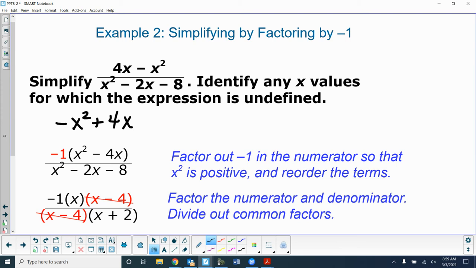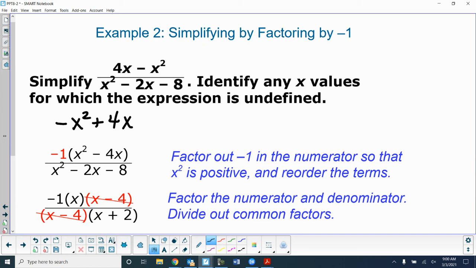That's what they did. They changed the order and factored out that -1. So negative x squared divided by -1 makes that a positive x squared, which we like. And that positive 4x divided by -1 made that a negative 4x. Okay? Well, this has a GCF of x, so we've got our -1 still. Don't forget about it. Pulled the x out.